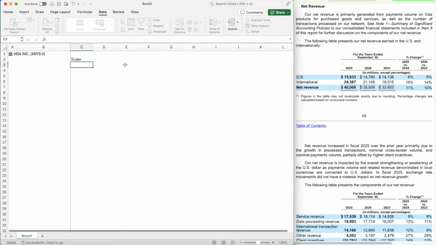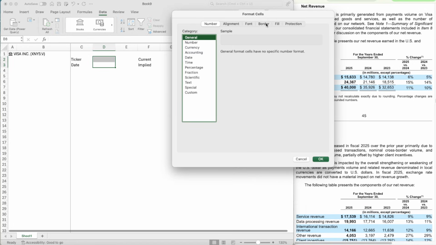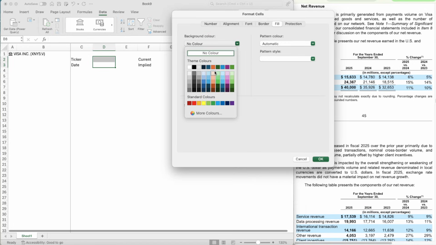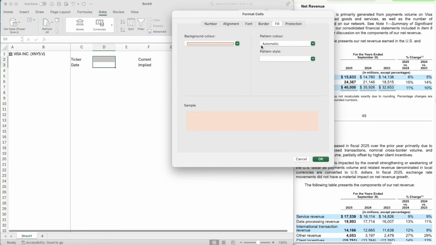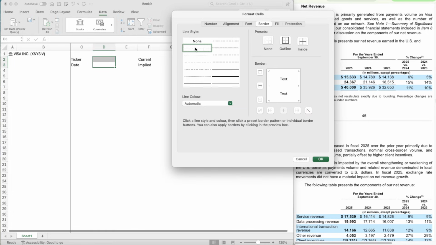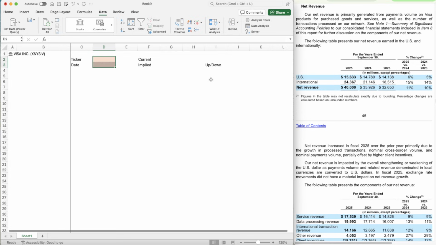So we want ticker in this cell, date, the current price, implied, and then we want to know if there's any up or downside to this stock. So let's just do a bit of formatting, as we always do. Border, we want the dotted line. All you have to do is just copy these onto this one.